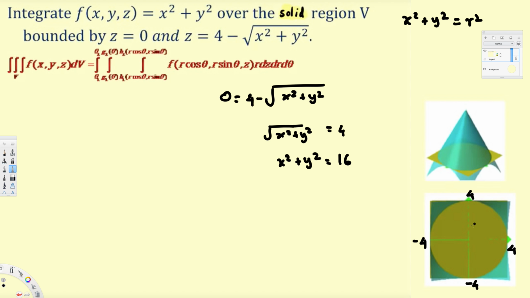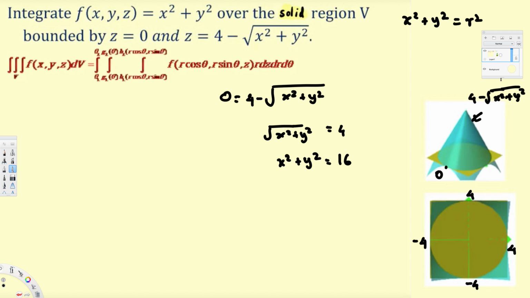Now we have the base, and also we know that this is going from 0 and is going to end at the cone. The equation of this cone is given by 4 minus the square root of x squared plus y squared, but when we write it in terms of cylindrical coordinates, we have to replace x and y in terms of r.